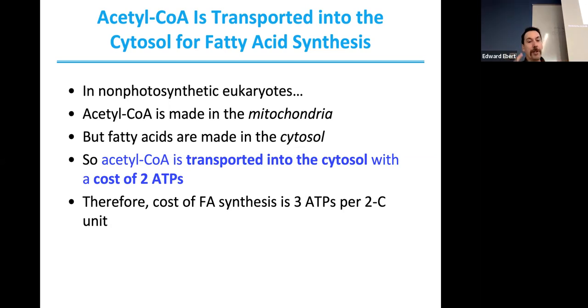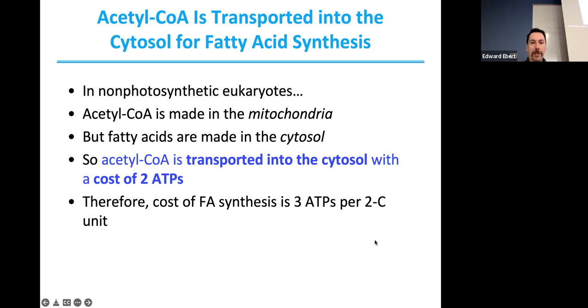We also need to spend 2 more to get our raw materials there. I can make jokes about supply lines and logistics, but we'll try not to do that today. So we spend 2 ATPs to get our acetyl-CoA where it needs to go, and then a 3rd ATP to prime it for the actual synthesis reaction from fatty acid synthase.